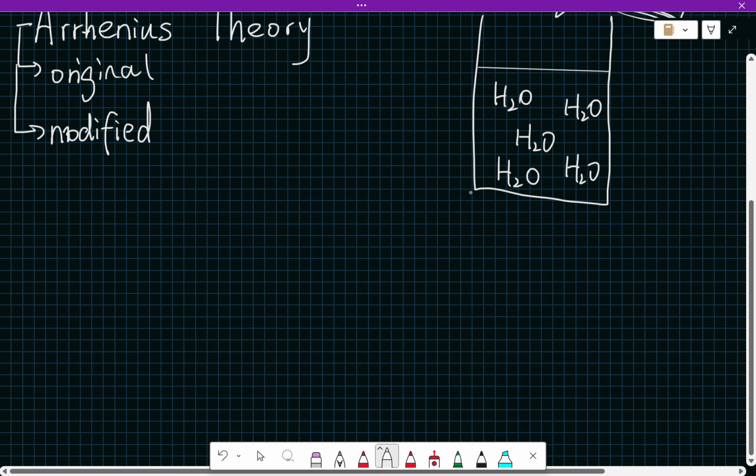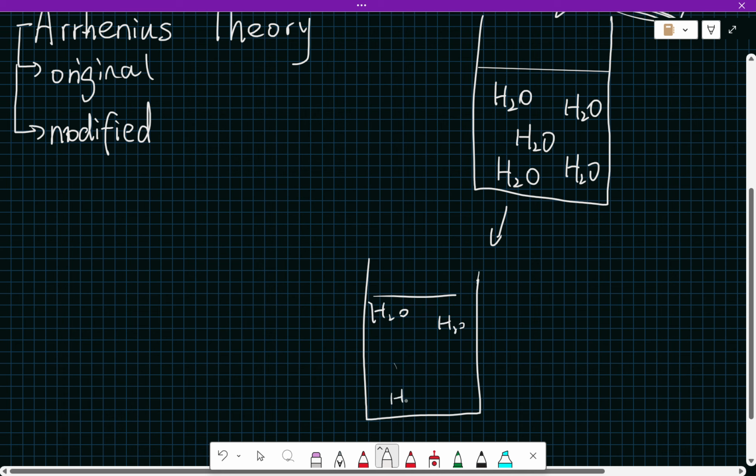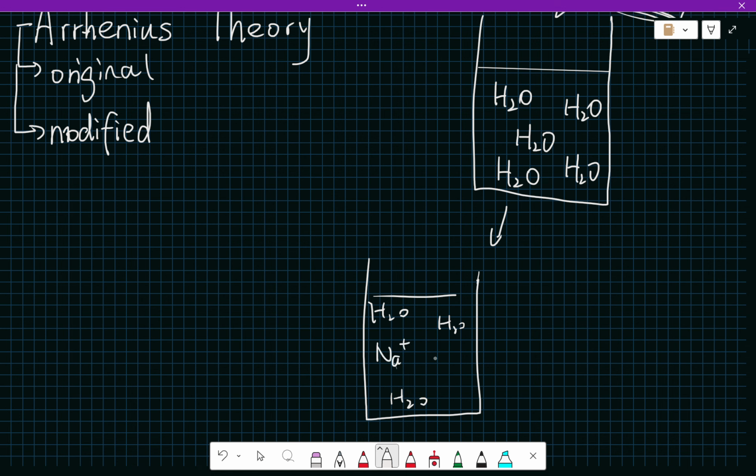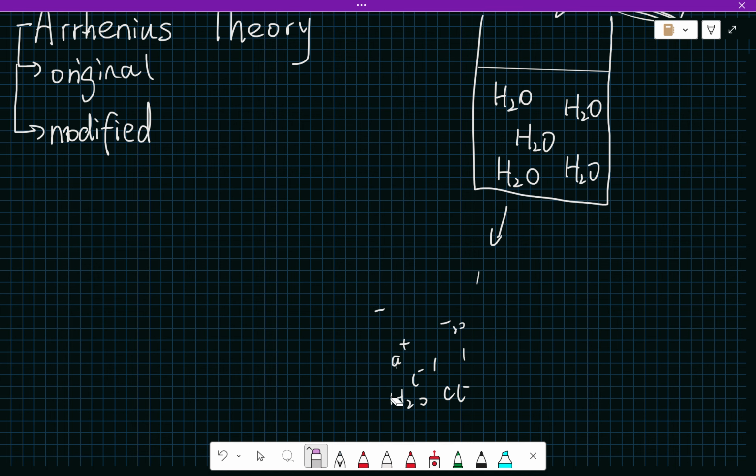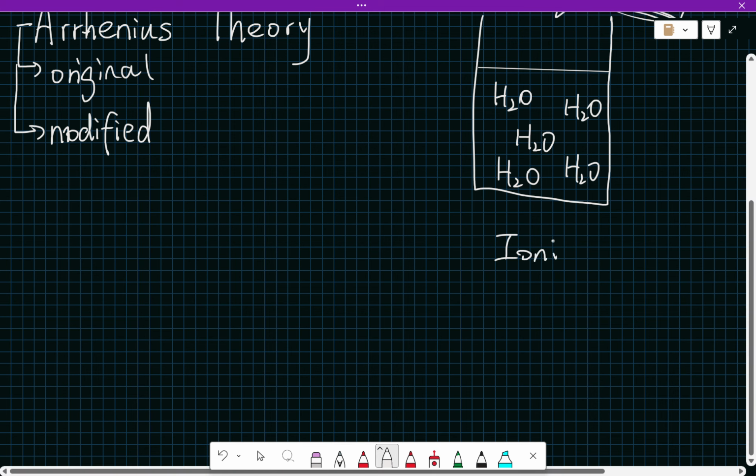So in fact, this beaker will look like we have some water molecules, the positive sodium ion, and the negative chloride ion. So when we have an ionic compound, it will undergo dissociation.